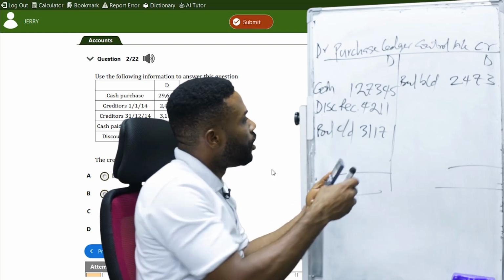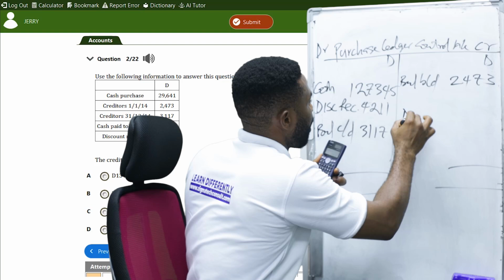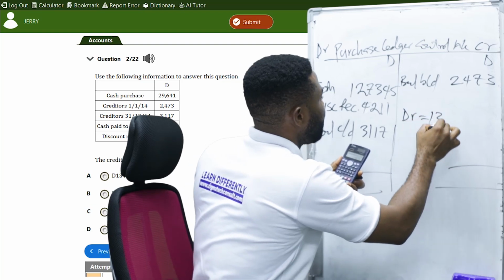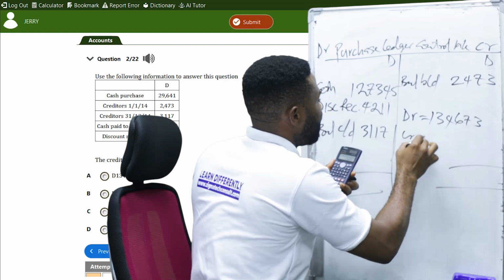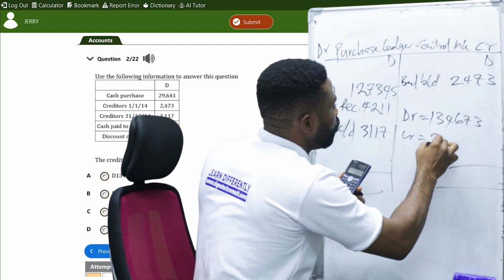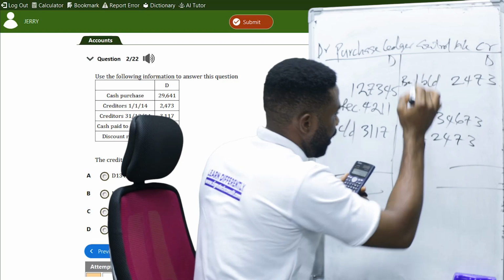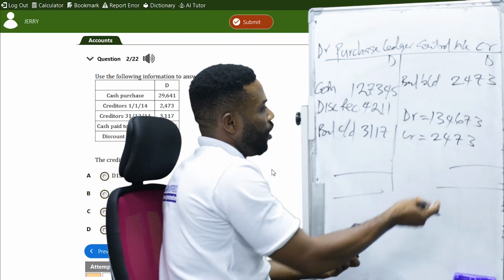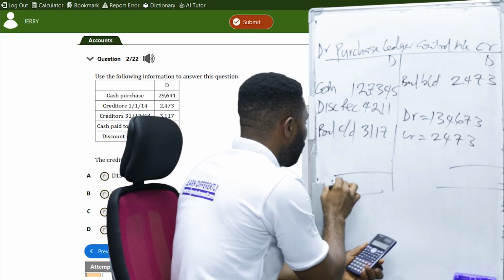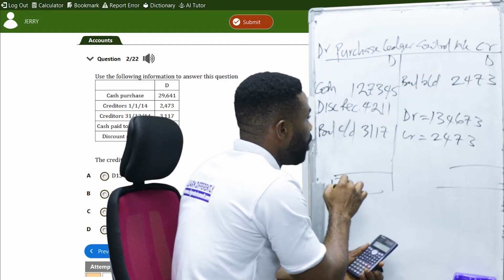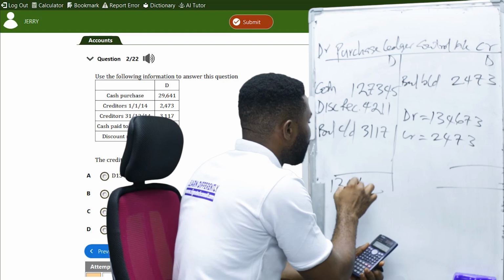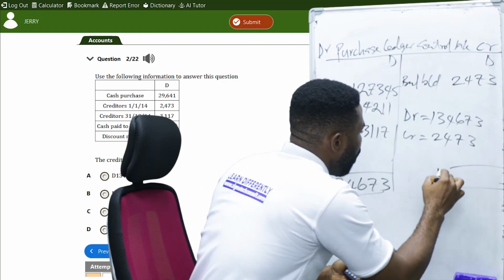What is the value? Our debit side is equal to 134,673. What of our credit side? Credit side remains 2,473. So you can see now that this is higher than this, so you are taking the higher number, 134,673.